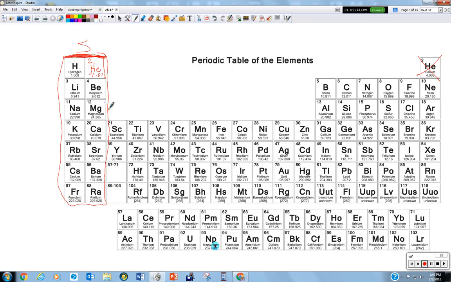Change colors real quick. This section and 71 and 103 down here are part of the D block. Now D block has something special because D blocks are actually filled on the quantum level before it.